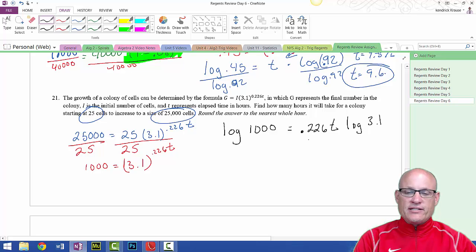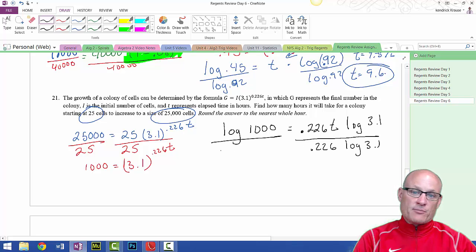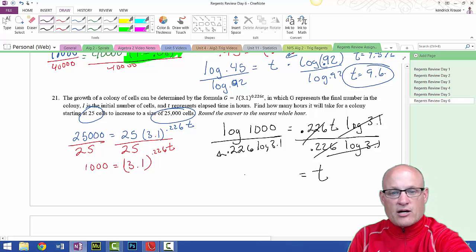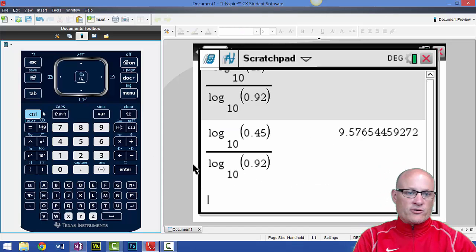I still need to get T all by itself, so I'm going to divide by 0.226 log 3.1 on this side and this side. Gone, gone. So T is equal to log of 1,000 divided by, let's see if I can get this in right.